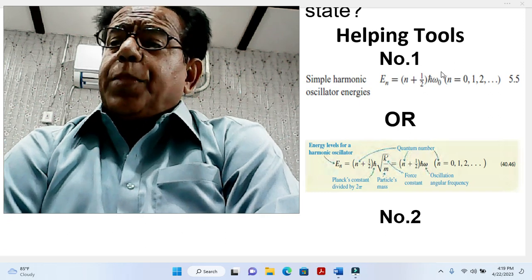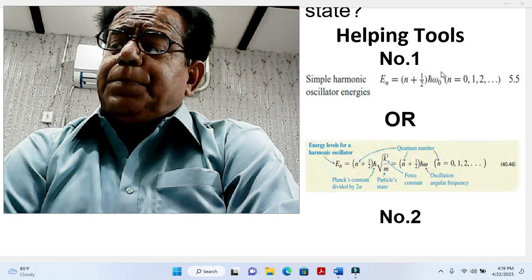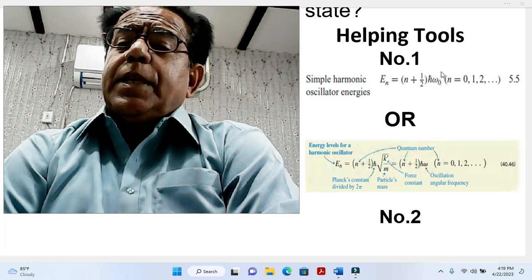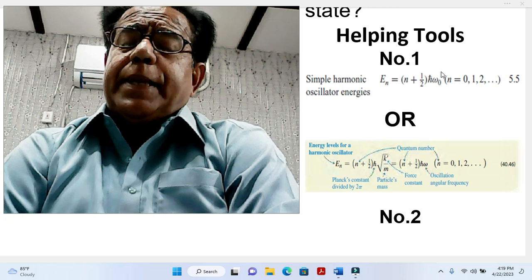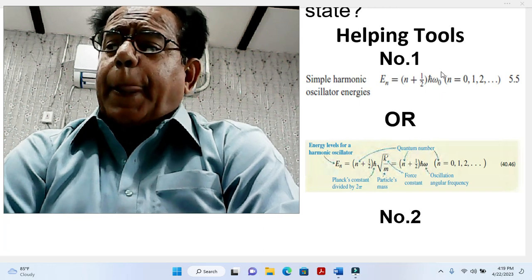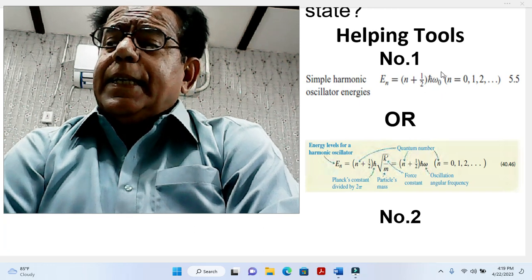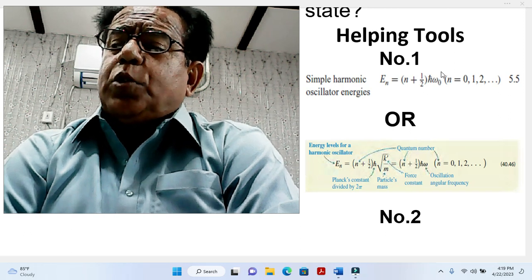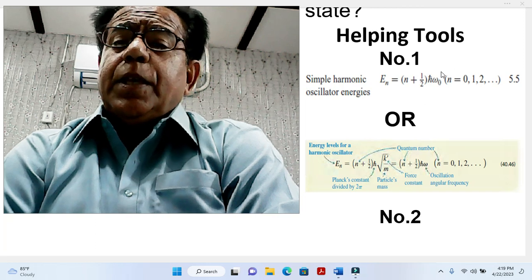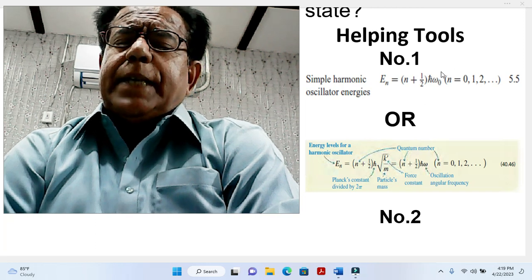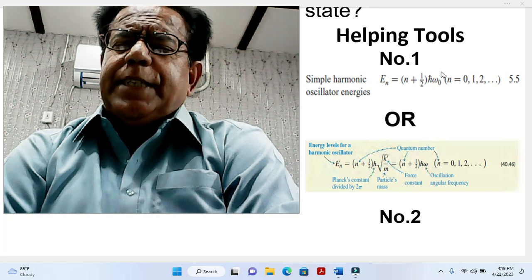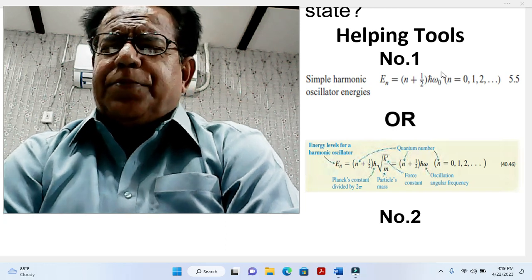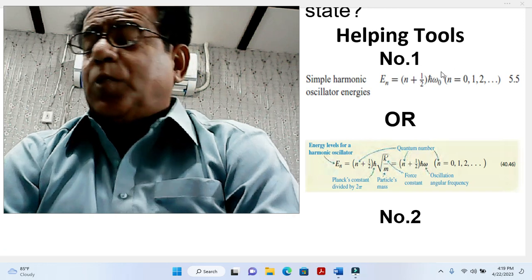The first version has been chosen from the same book which we are following, Modern Physics by Kenneth S. Crane, while the other version has been chosen from the book University Physics by Young and Friedman.